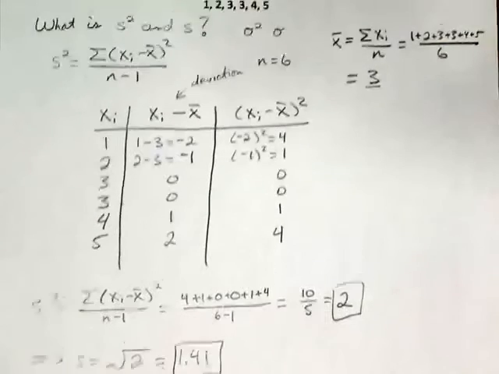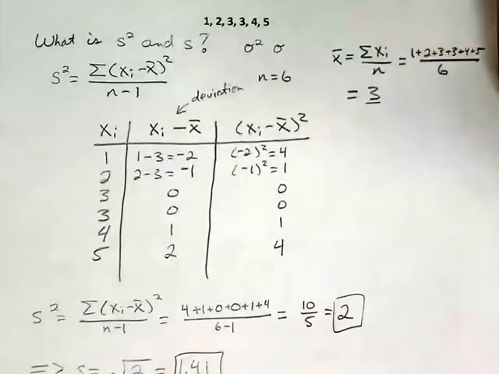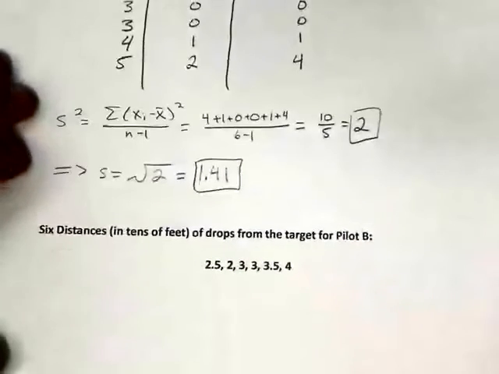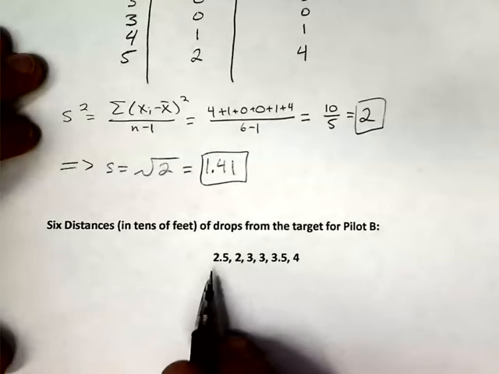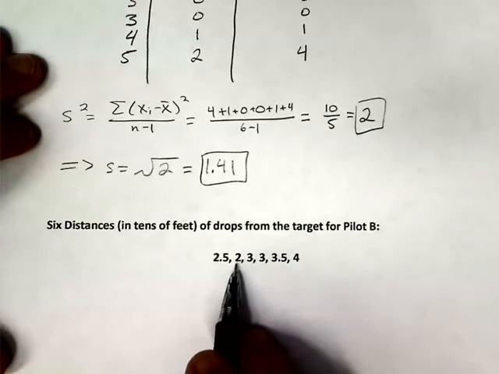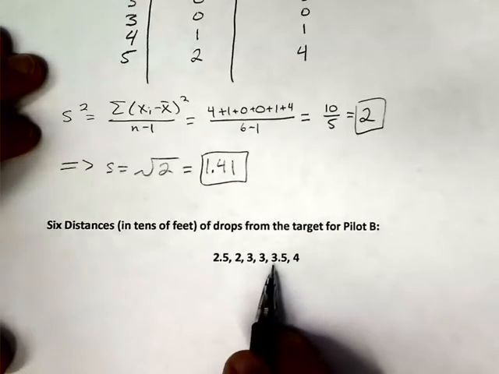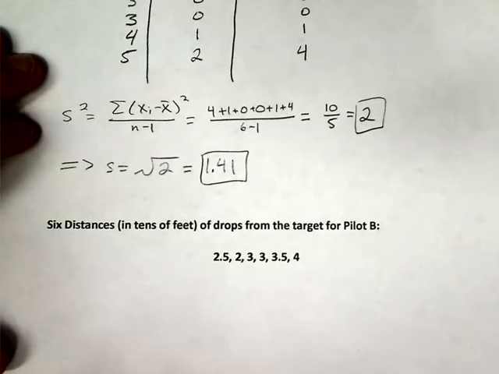Now this is for pilot A. These were his drops. Now for pilot B, suppose these were the drops, or the distances from the target, for each of his drops. So we have 25 feet, 20 feet, 30 feet, 30 feet, 35 feet, 40 feet.